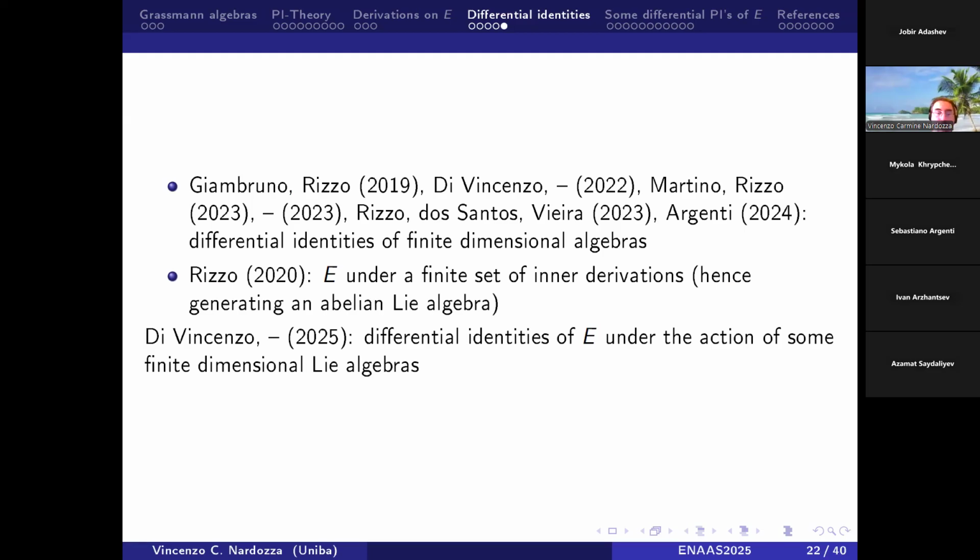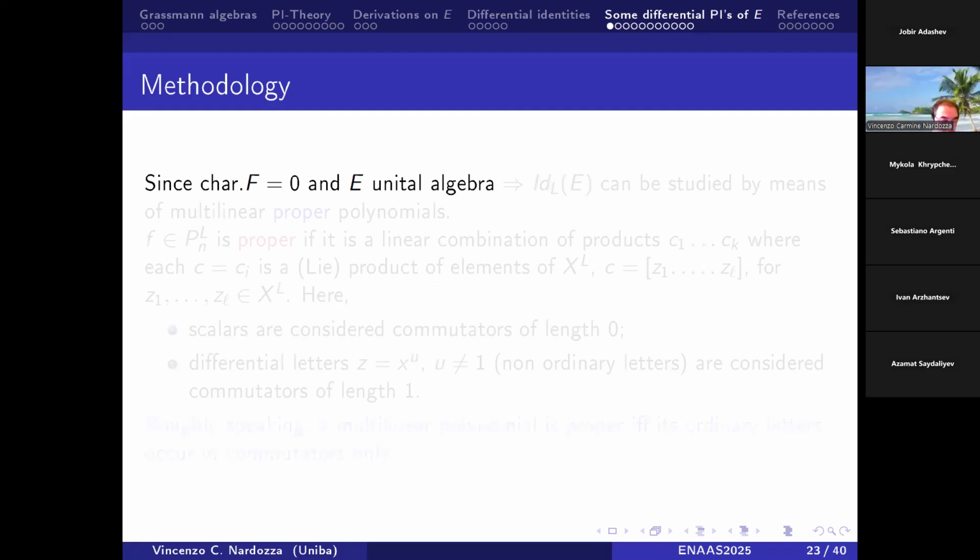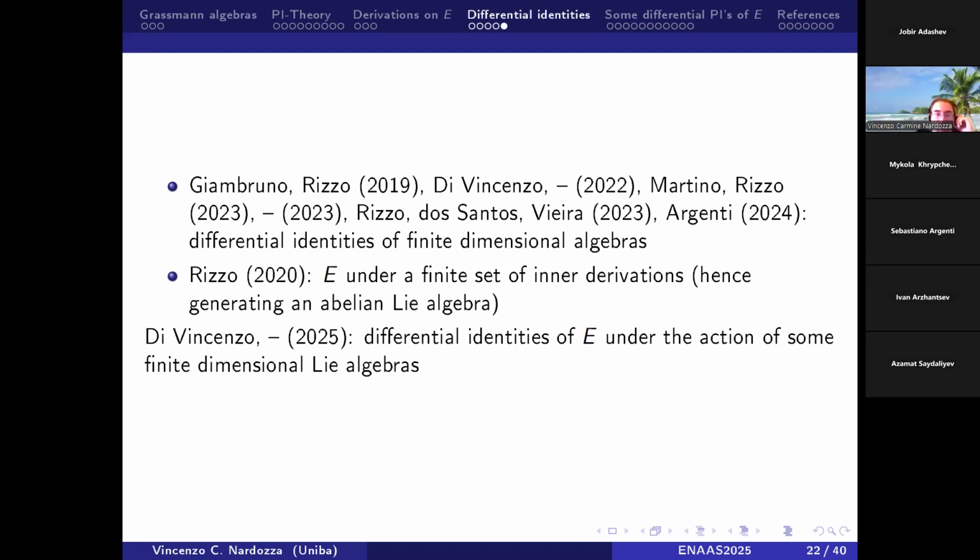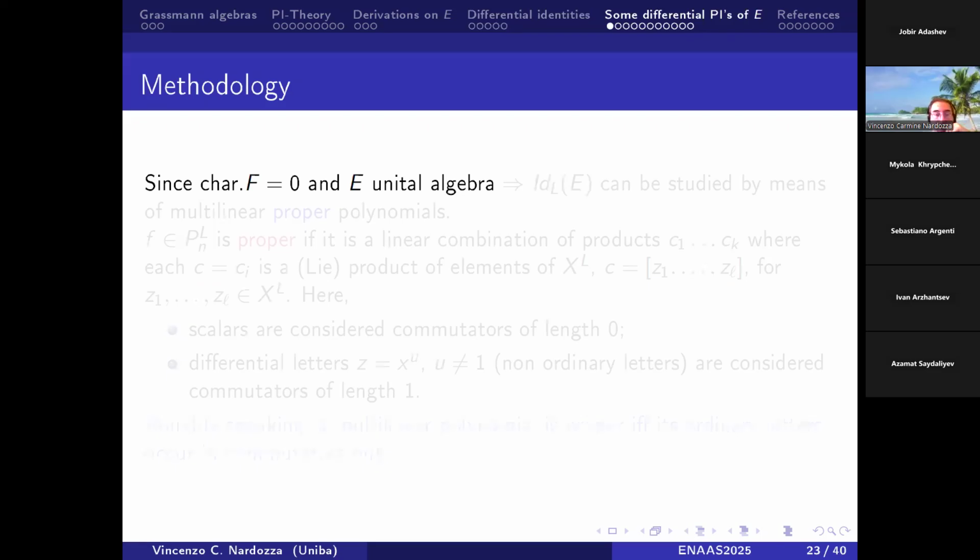More recently, Vincenzo and myself studied the differential identities of the Grassmann algebra under the action of some finite dimensional Lie algebras. The method we adopted was different from the one used, for instance, by Rizzo in his work, because since the characteristic is zero, as in Rizzo's consideration, we may consider differential multilinear polynomials.